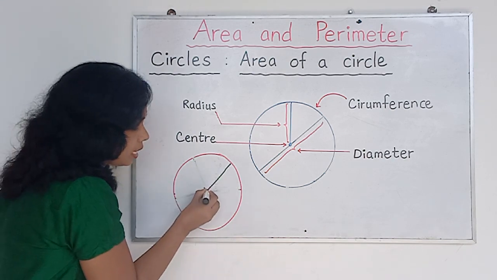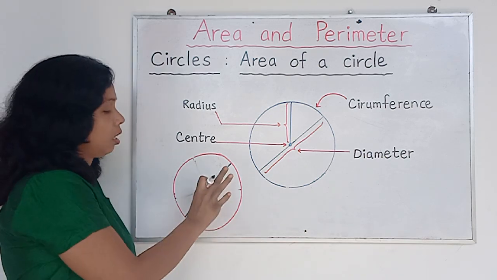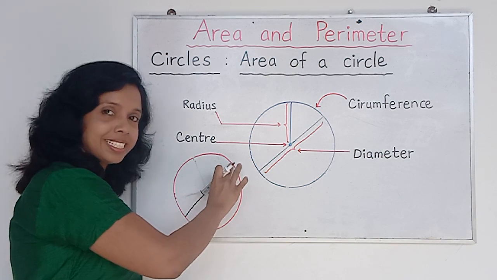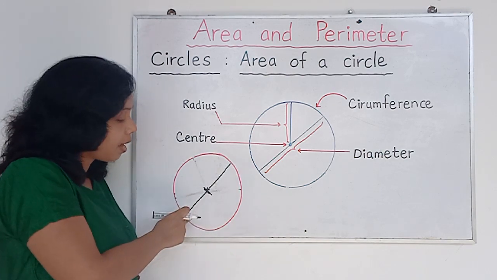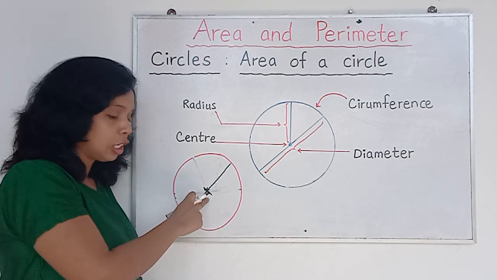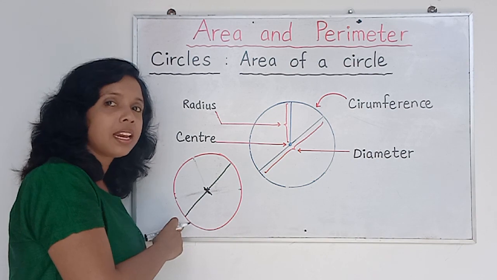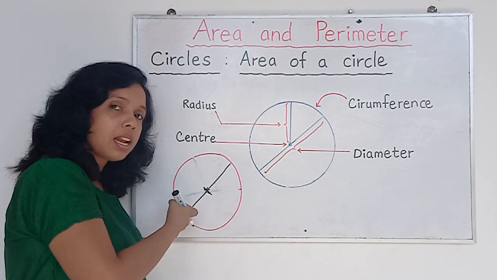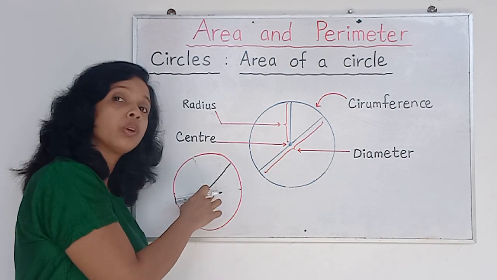Children, now look at this. This is the center. From the center to the circumference, the distance we call the radius. And on this side, from the center to the circumference, the distance is the radius. The straight line across the full width through the center is called the diameter.